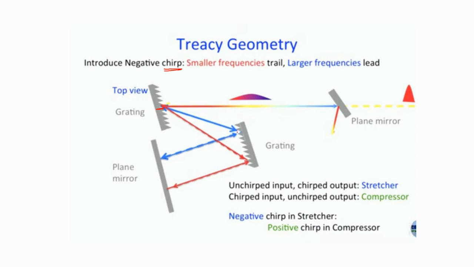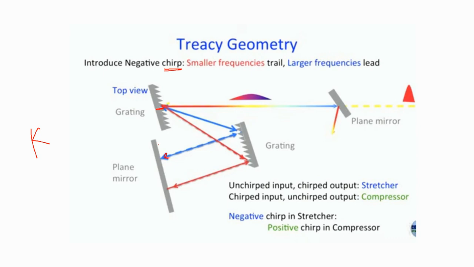Now, because of this chirp, say it passes through another grating. When it passes through the other grating, it is again diffracted and goes straight. It gets diffracted at a certain angle, going from this angle to this angle.